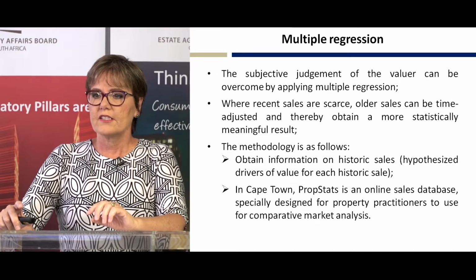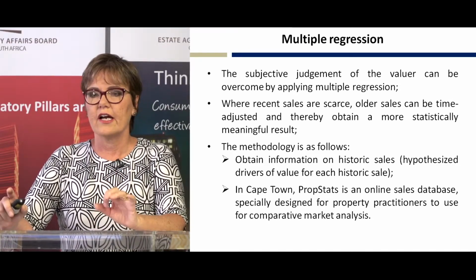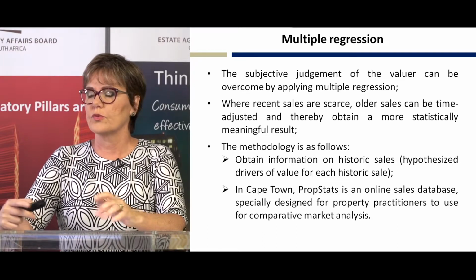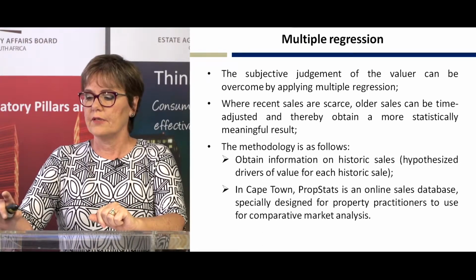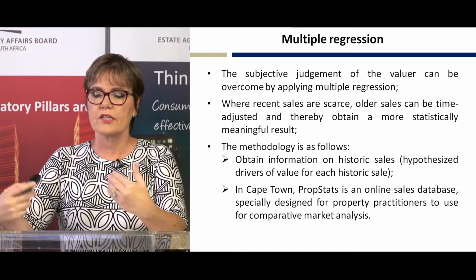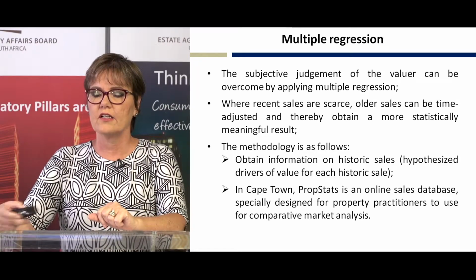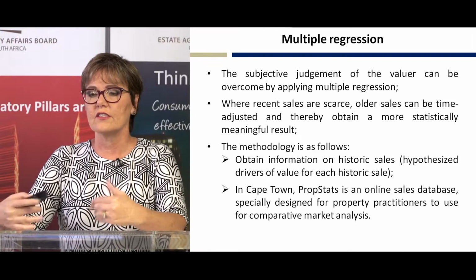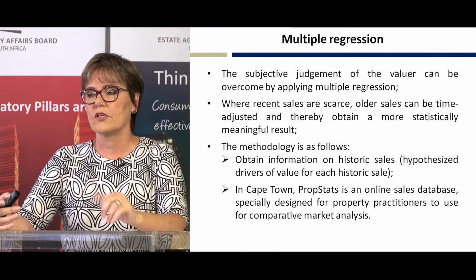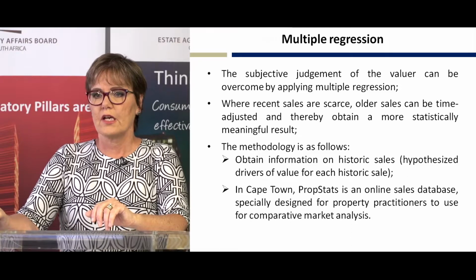There's PropStats again, which really helps a lot, with the information that they obtain directly from estate agents after each and every sale, which makes it very easy for us to populate this multiple regression.